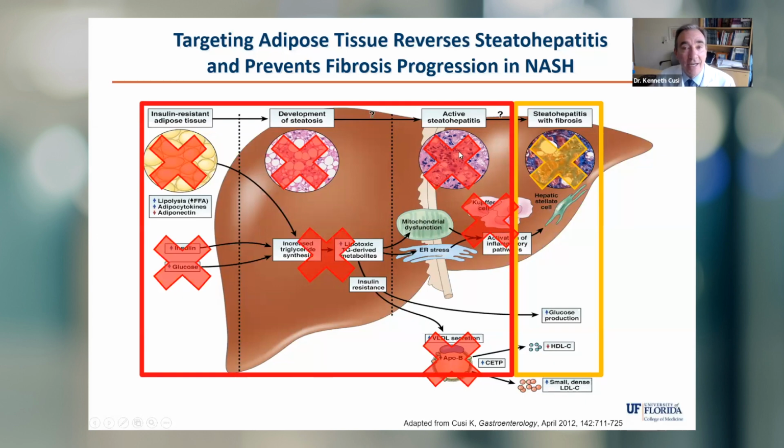Now, the other approach is to stop the attack on those fibrogenic pathways. How do you do that? Well, you stop fatty acids from getting to the liver, which are going to be the building blocks for triglyceride synthesis. So a triglyceride is a backbone of 3 carbons of glycerol and 3 fatty acids.